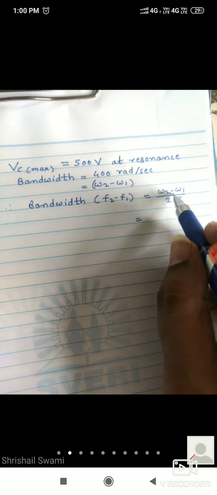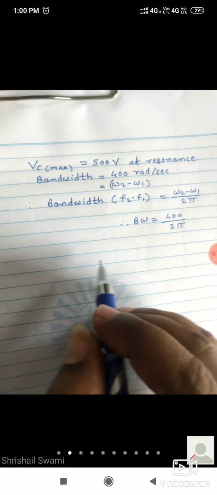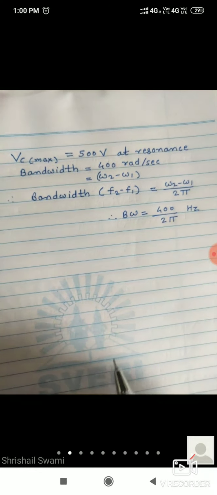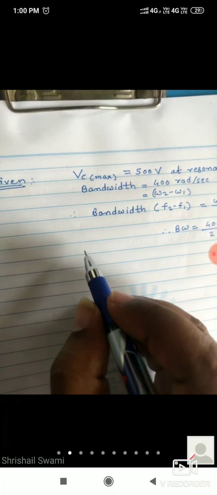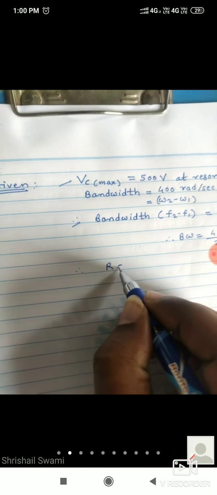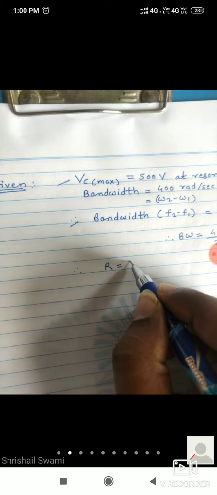Omega 2 minus omega 1 is 400, divided by 2 pi. So this is the actual value of bandwidth in hertz. This is the first one, this is the second one. The value of the resistor is given, R is equal to 100 ohm.